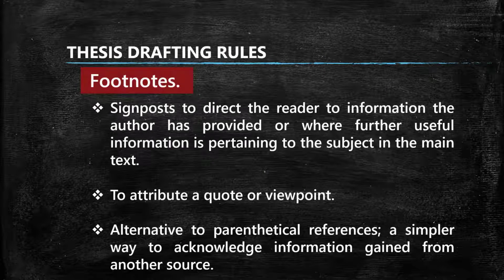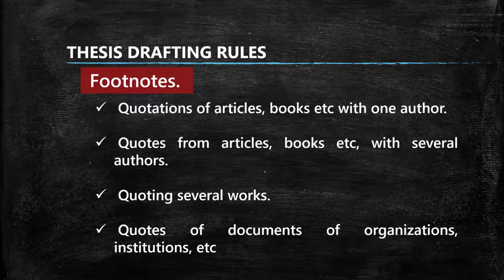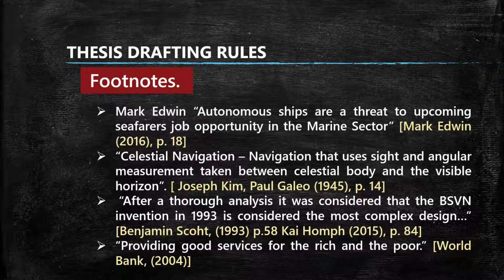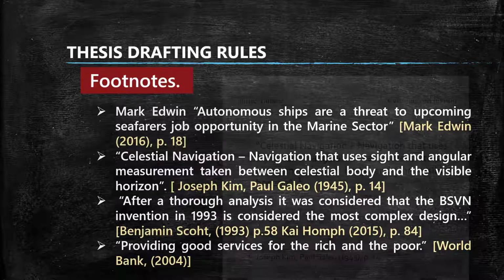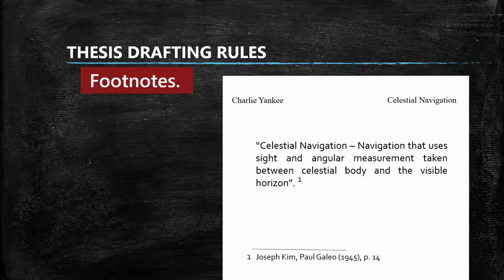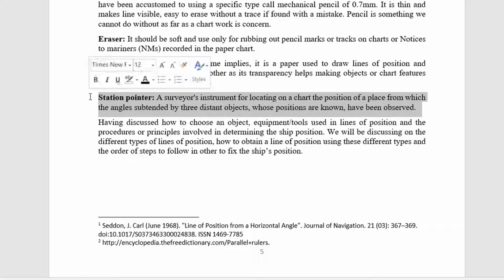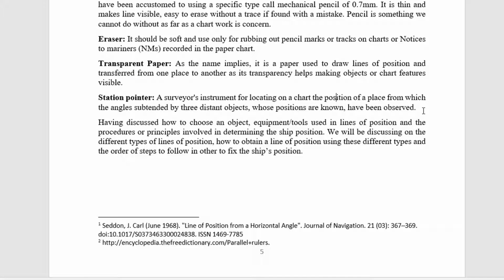So for the footnotes, which are the information we copied from other people's books, we already have a few footnotes at the bottom of the page, like 2 footnotes. In this station pointer definition, we are going to put a new footnote.